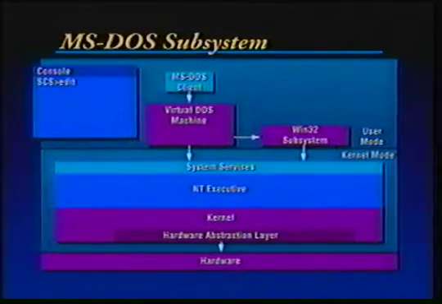Some other things about the virtual DOS machine. Every time you open up a new console window and start up a new DOS application, you have a separate virtual DOS machine. And as we saw in yesterday's demonstration, what happens when you start up that DOS machine is very much like what happens when you start up a DOS program today. You have your config.sys being executed and your autoexec.bat file being executed.